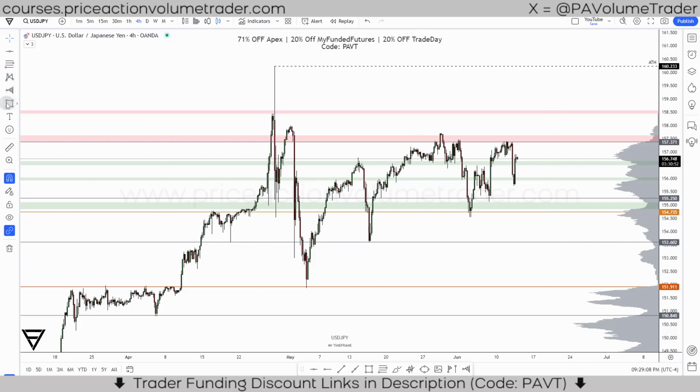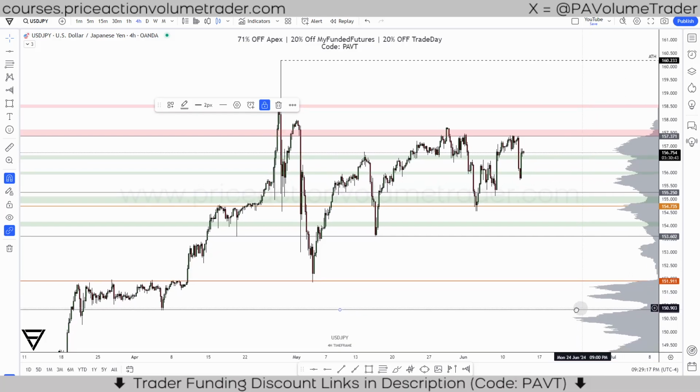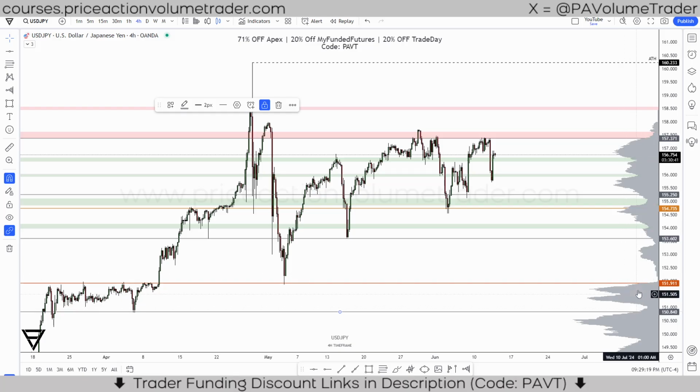We got that one there. And let's mark off this one, and that's it. Again, I don't want to go down here, even though these ones are important, but we're very far away, so I'm not going to bother marking off anything too far, okay?